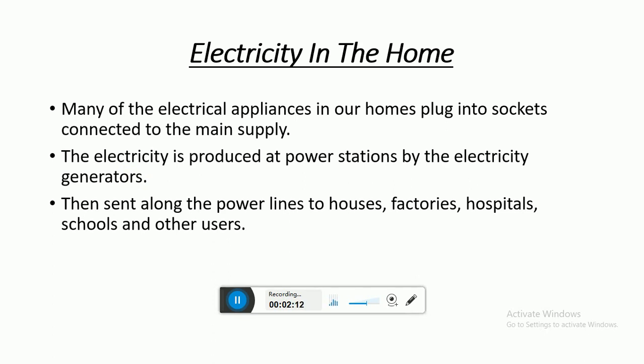These AC generators convert mechanical energy into electrical energy, and then when that electric energy is produced at power stations, that energy is sent along the power lines to our houses, factories, hospitals, schools, and many other places where the electricity is needed.